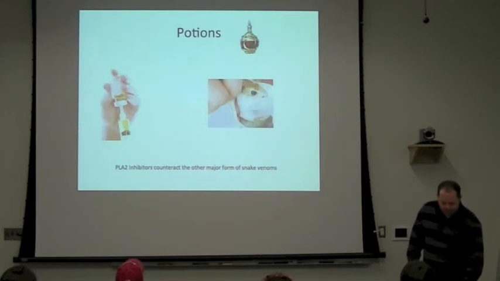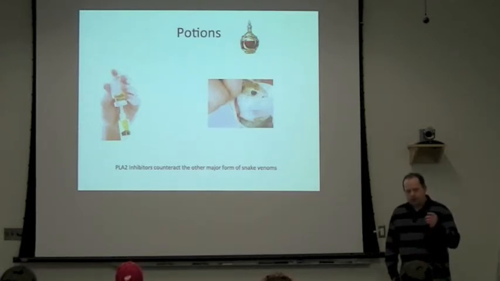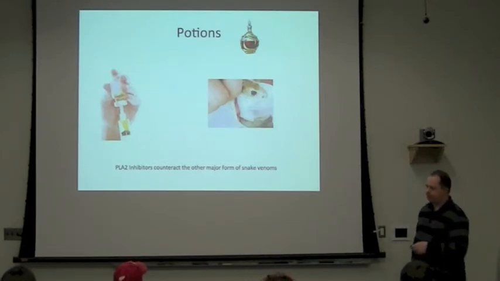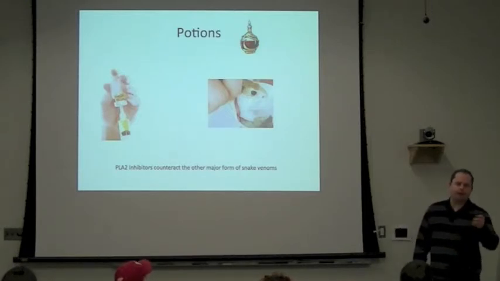And the first potion I'm going to talk about, we're going to go back to snakes. Even though they're making three-finger domains as a poison, snakes are actually immune to their own venom. One of the reasons is there's a couple of main toxins they make. The other is this enzyme called PLA2. It's an enzyme, and it attacks cell membranes.